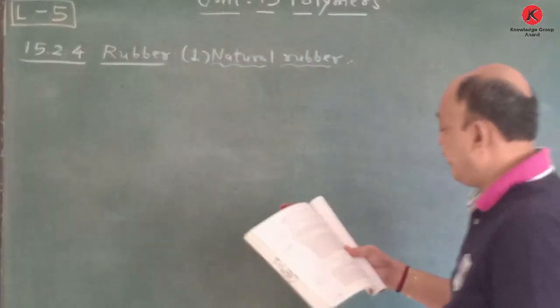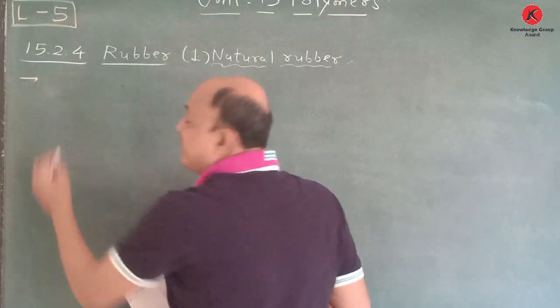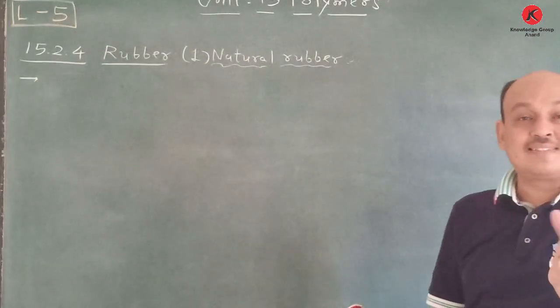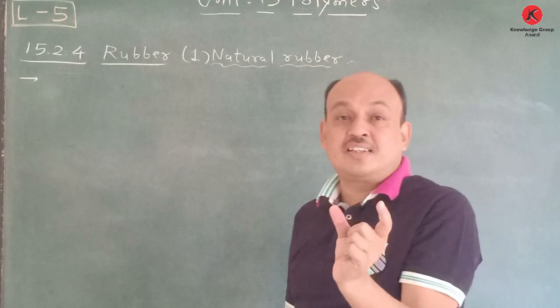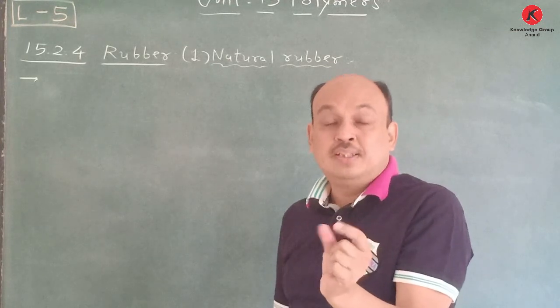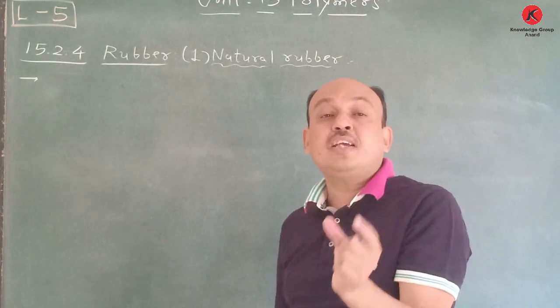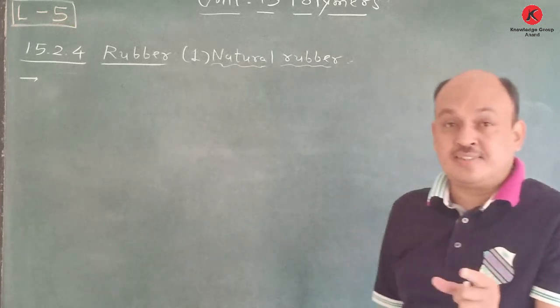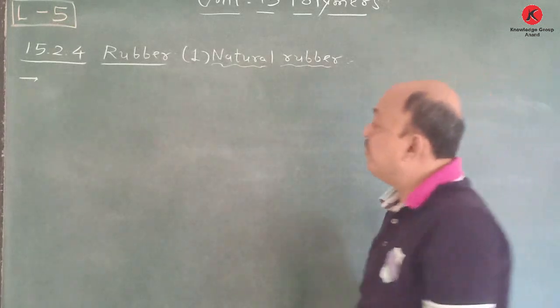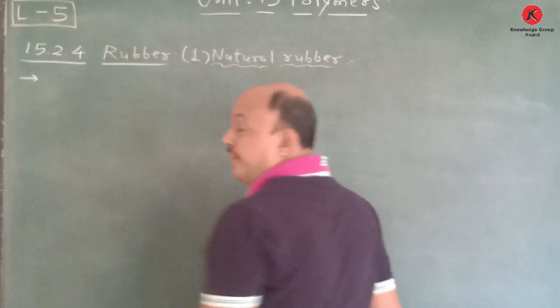First write down: rubber itself indicates strength. It contains certain tensile properties also. They are soft, so there is weak intermolecular attraction. Remember this one. Many topics are there, so write with me.